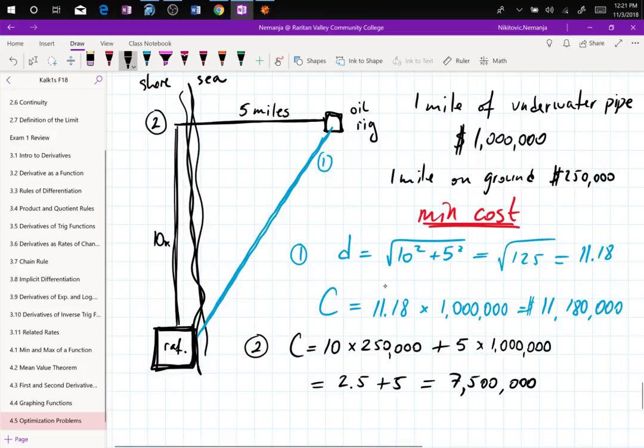But then hold on. Mr. Calculus is in the room. So you propose something else. How about we go up the shore and then cut through the water? You want to optimize.